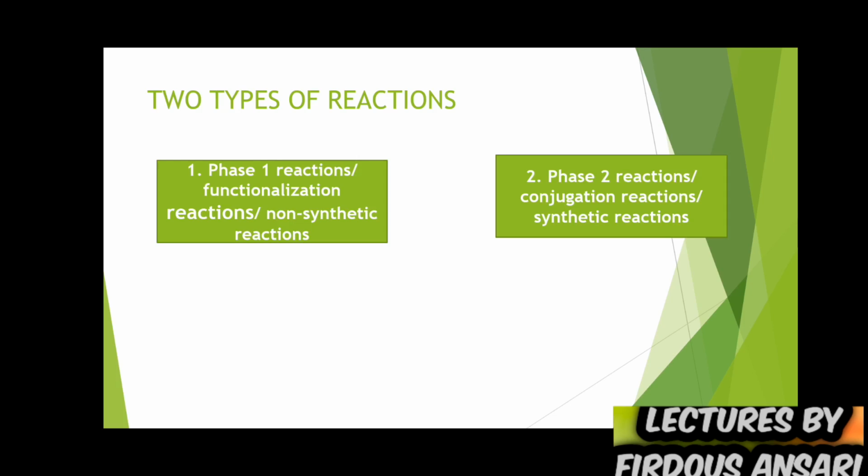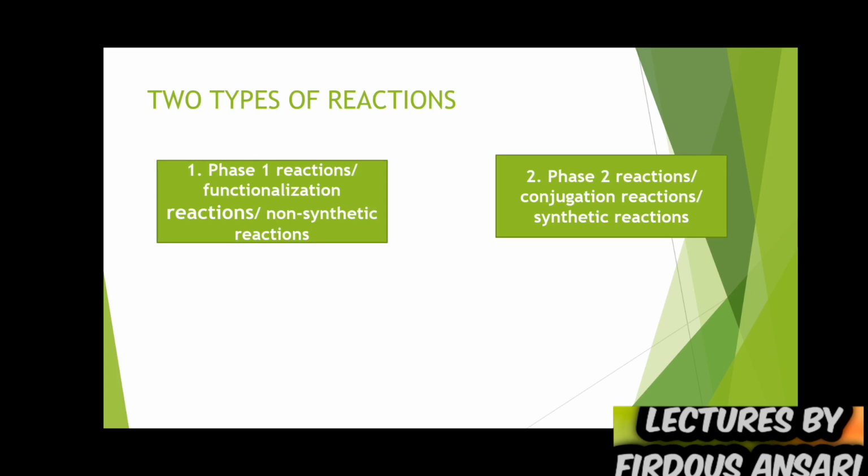That phase 1 metabolite will now move to the phase 2 reaction. The phase 2 reaction is also known as conjugation reaction. Conjugation means something is getting joined. Here some endogenous substance is getting conjugated with the phase 1 metabolite.